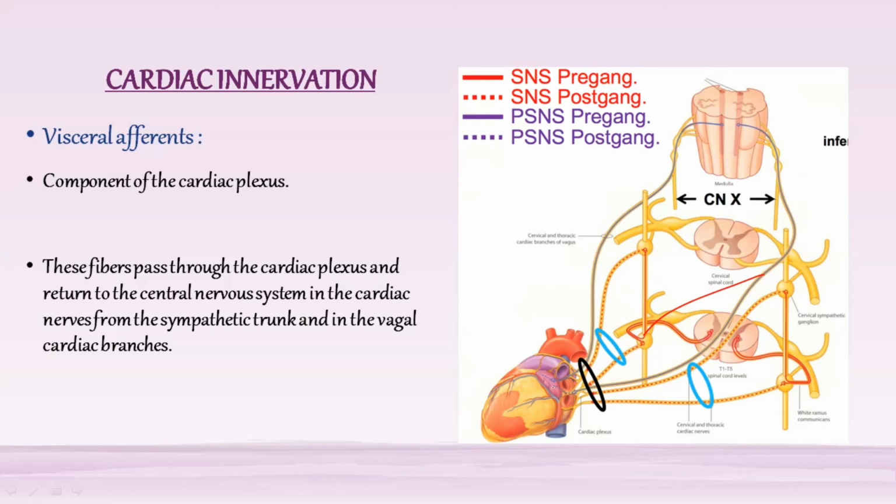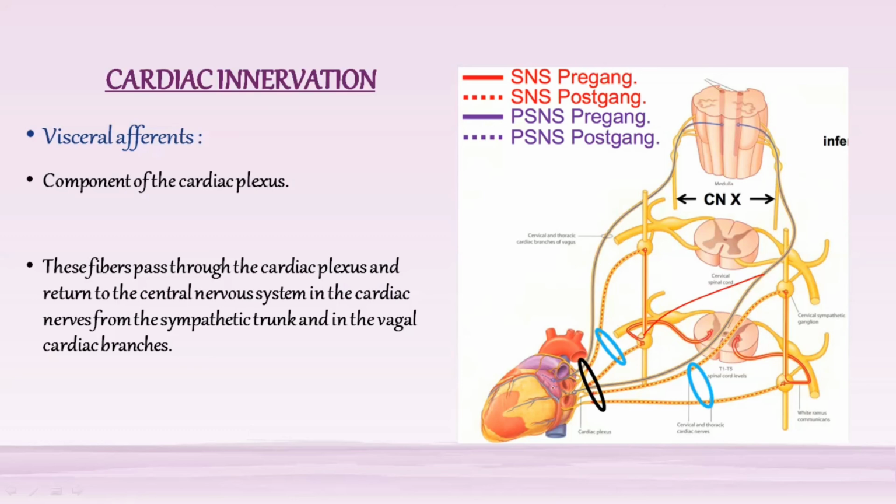Now these cardiac nerves reach the central nervous system. From the cardiac plexus, the visceral efferent fibers which arise and reach the central nervous system are named cardiac nerves. So these cardiac nerves follow two pathways.